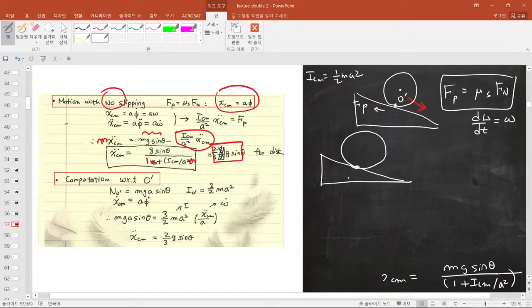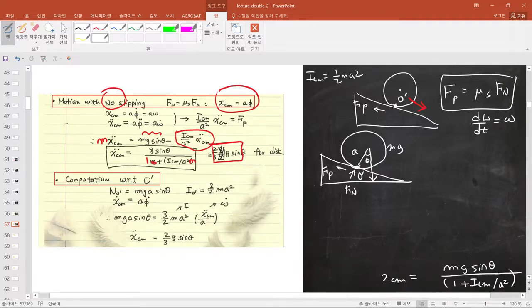So here, Fn, and here was Fp. So these two, Fn and Fp, do not contribute to torque because they have the same starting point. Here you have mg here. Okay, so this is a, so this is theta. So the torque around this point is what?